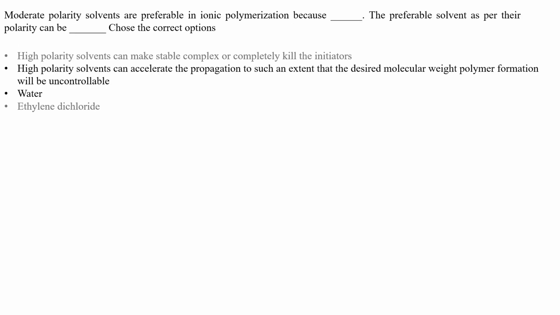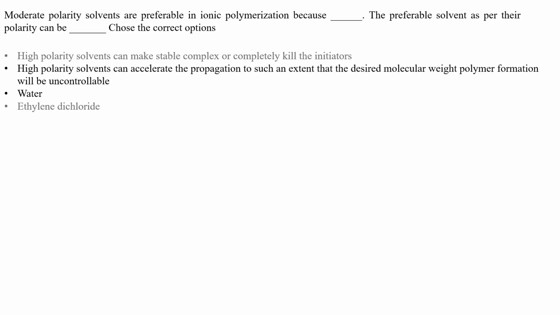Then we have fill in the blanks here. Moderate polarity solvents are preferable in ionic polymerization because blank. The next point is the preferable solvent as per their polarity can be blank. Choose the correct options.